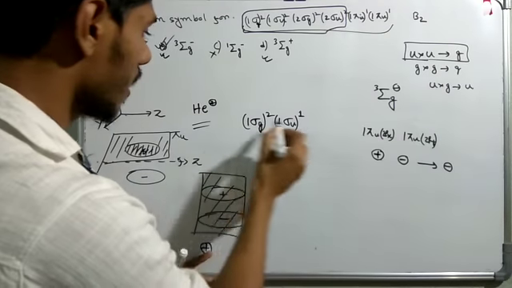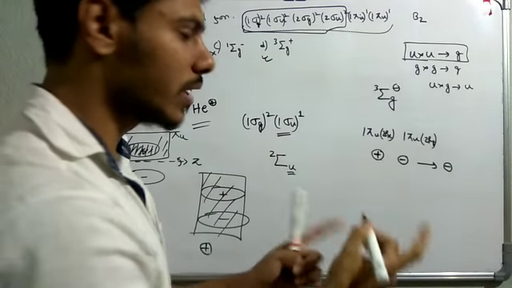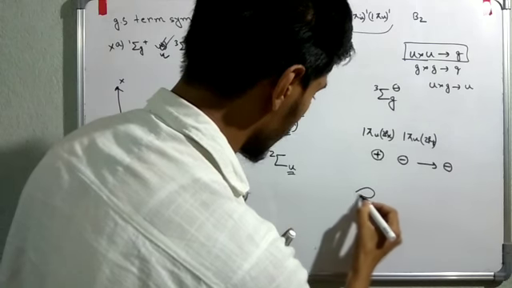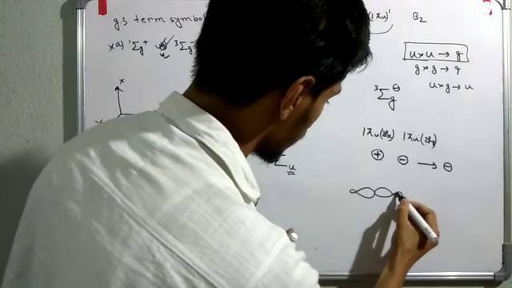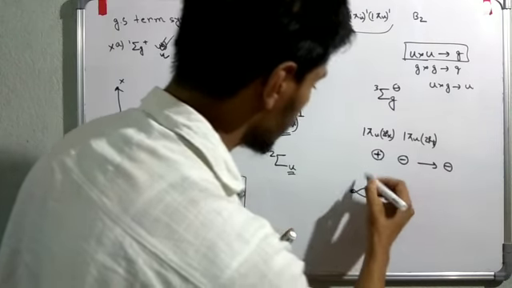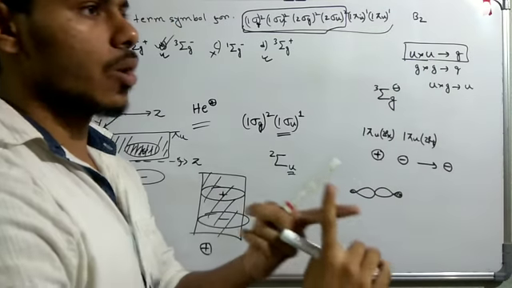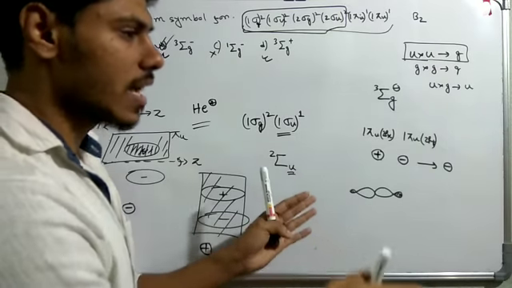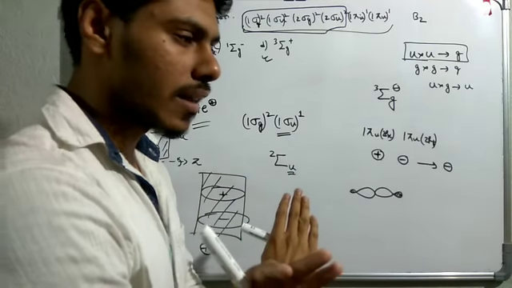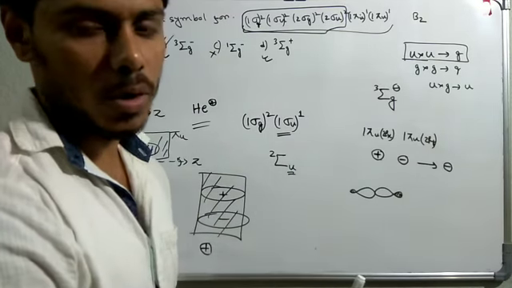Now for helium, it is a sigma orbital, and whether you take sigma bonding, that is sigma g, and if you consider any plane which is coincident with the molecular axis, there will never be any change in the sign of the orbital.